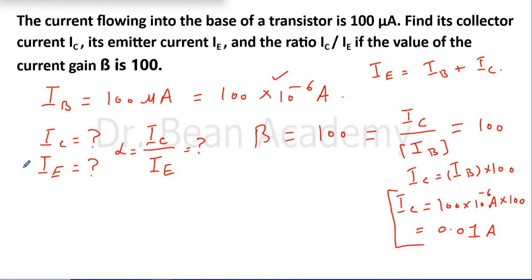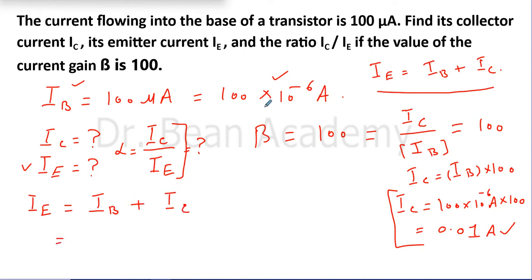Now I need to find the emitter current, because I need to calculate this ratio, or alpha, and I need to have the current IE. How can I find current IE? I now have the base current and I have just found the collector current. And if you know the basic equation, emitter current is the sum of base current and collector current. So it's easy now. IE equals IB plus IC.